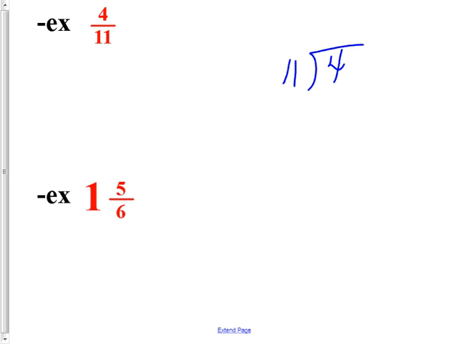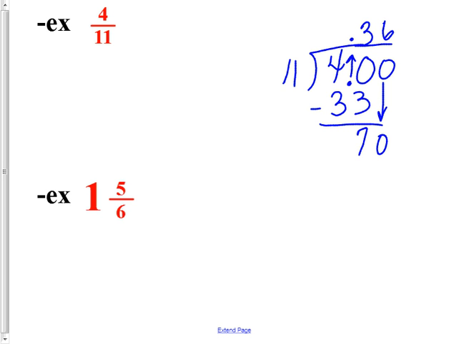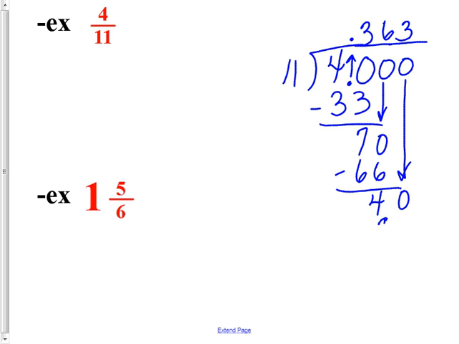4/11ths, when I work that out, notice what's going to happen here. So I start my division, and if you've been following along, or if you tried it yourself first, you're going to notice something starting to happen here.